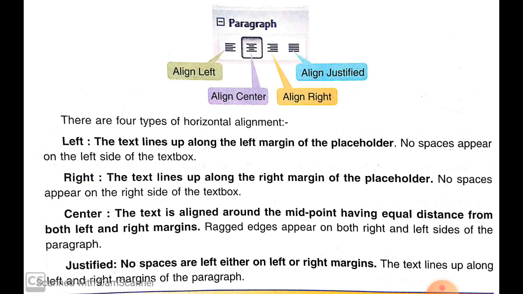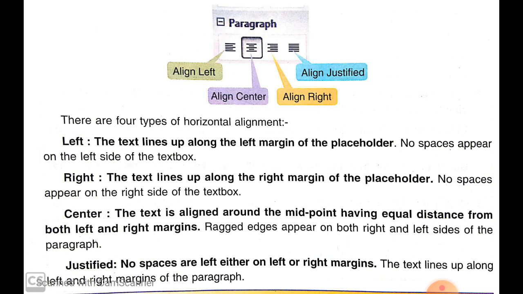Center alignment: the text is aligned around the midpoint, having equal distance from both the left and right margins. Ragged edges appear on both left and right sides of the paragraph.